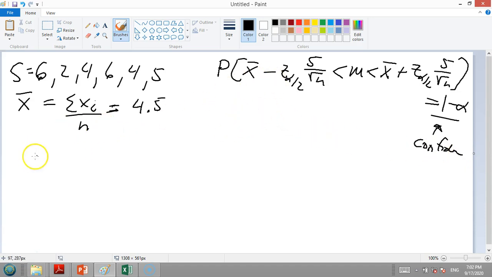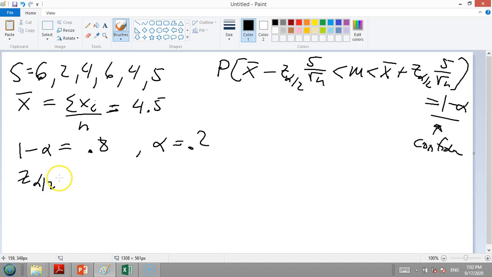So X bar is this. What is 1 minus alpha? It's 0.8. Alpha is 0.2. This is the significance level. I specified this in the problem. Then, what is the cutoff point? I computed this in the previous video lecture.